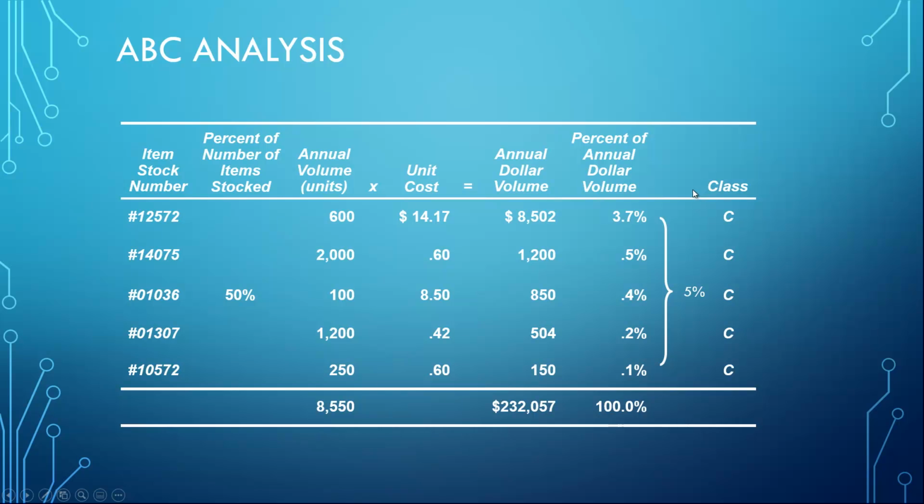All other inventory items, although you have more in stock from these items, only represent 5% of the annual dollar volume. So those are the trivial items.